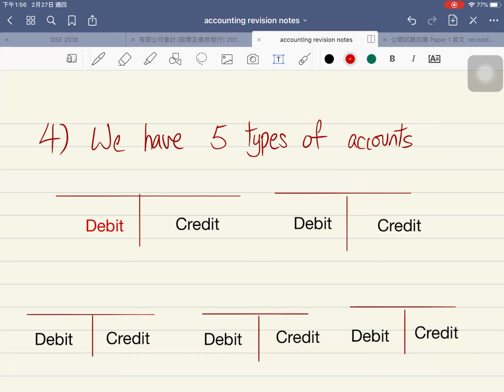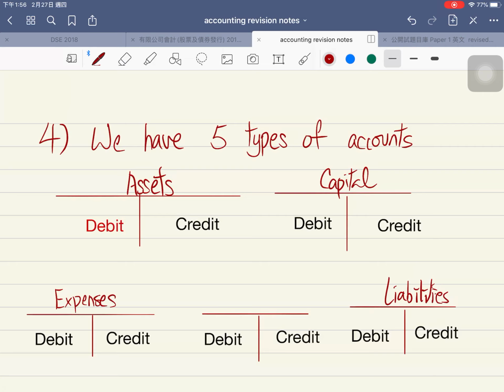And we have 5 types. One is assets. Okay, remember the accounting concept. Assets equal to capital plus liabilities. And we also have expenses and revenue. Actually, all accounts belong to these 5 types.